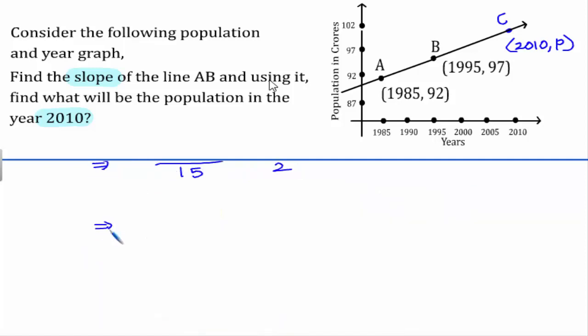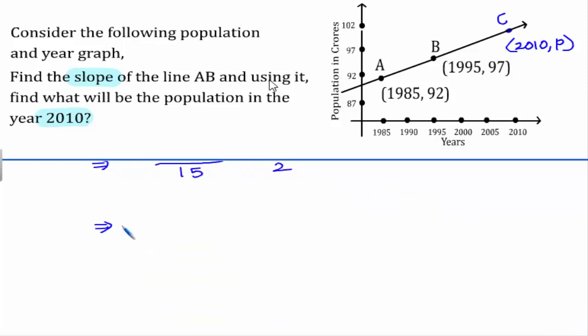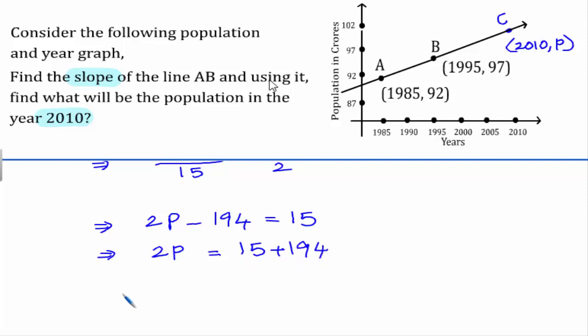If we simplify further, this is 2 into P minus 97, that is 2P minus 194, which is equal to 15. So 2P is equal to 15 plus 194. This will give us 2P is equal to 194 plus 15 will be 209.